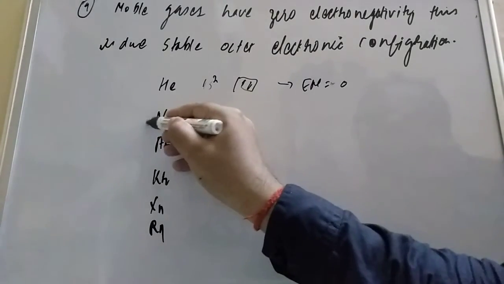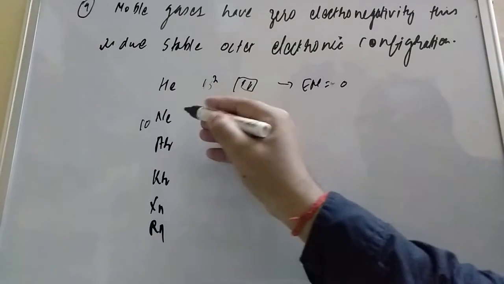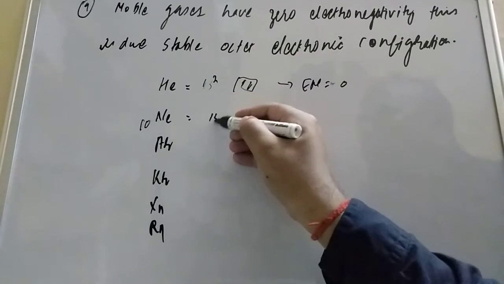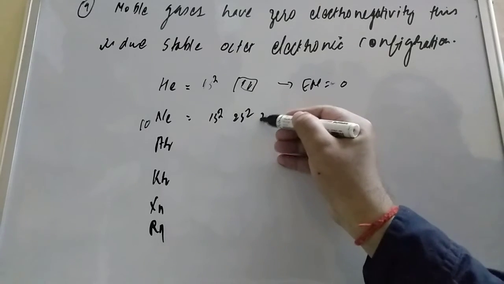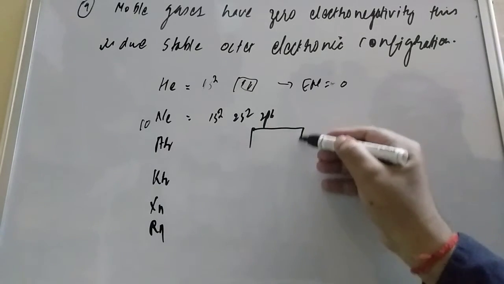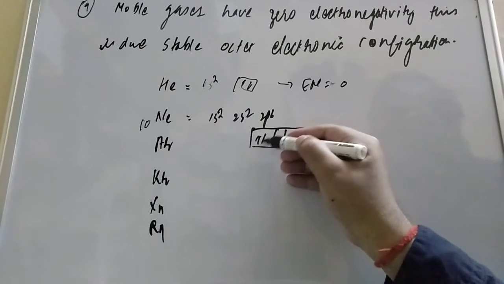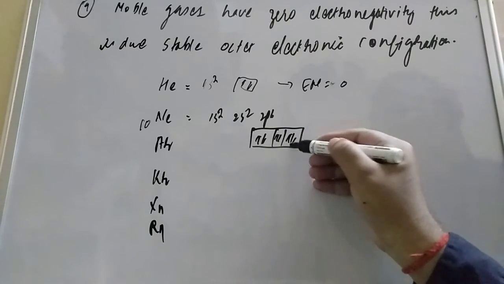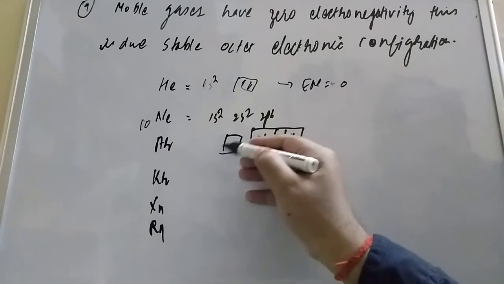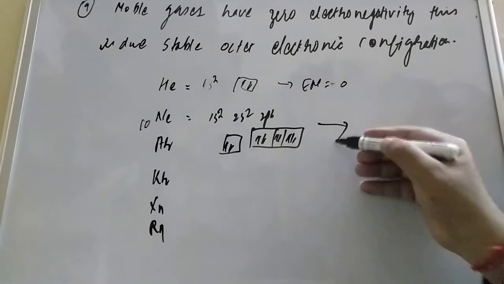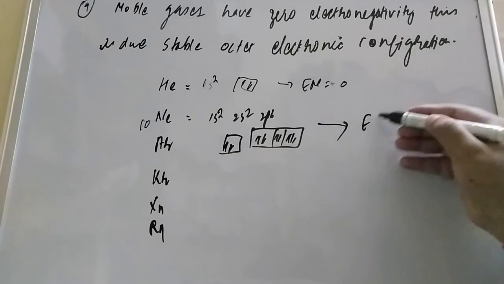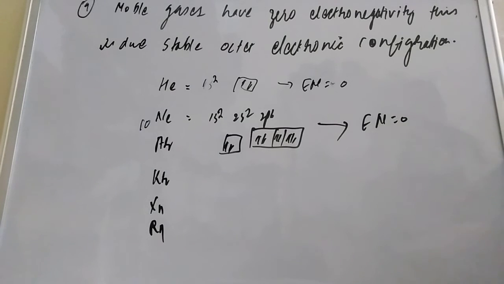If you talk about neon, it is atomic number 10, so 1s2, 2s2, 2p6. 2p6 means 1, 2, 3, 4, 5, 6, all filled. The valence shell is also filled, so the octet is filled, and octet filled means electronegativity will be 0.